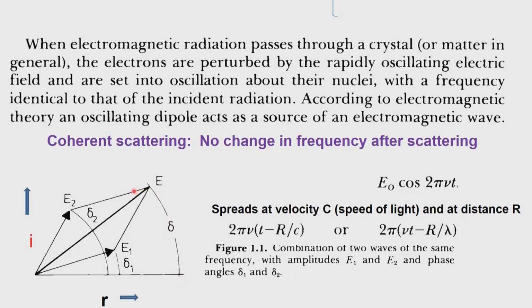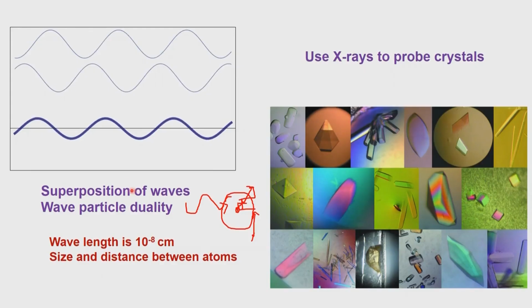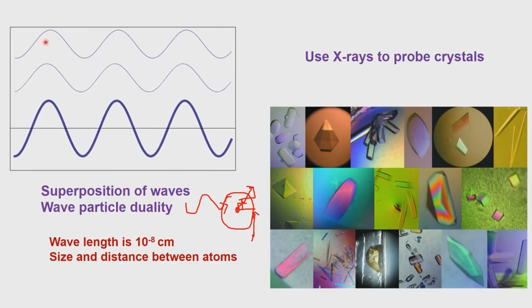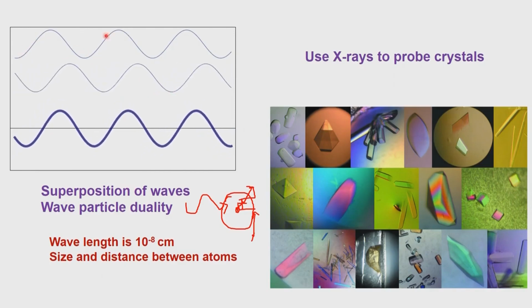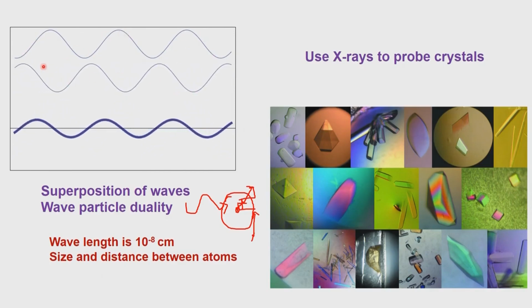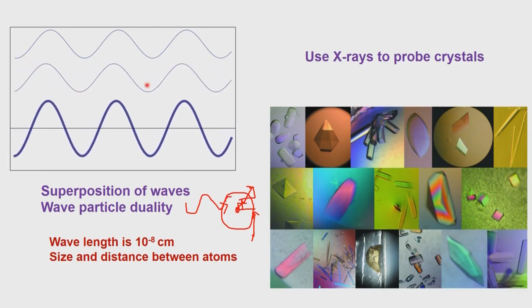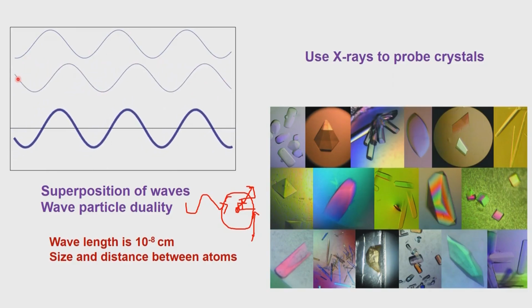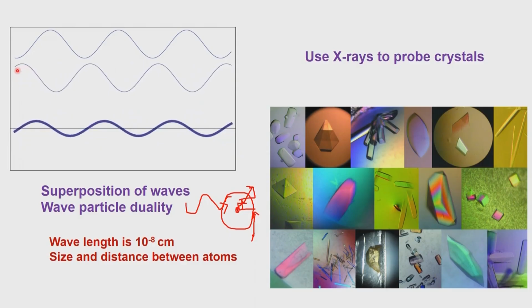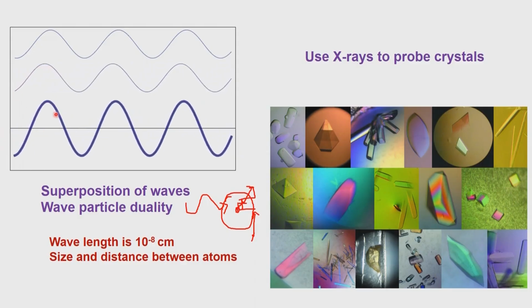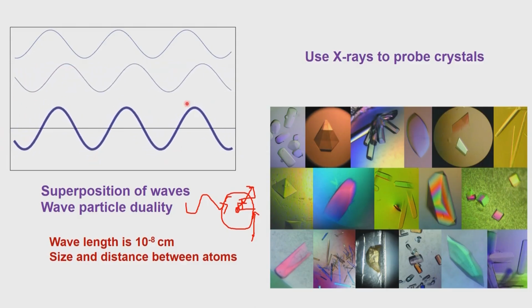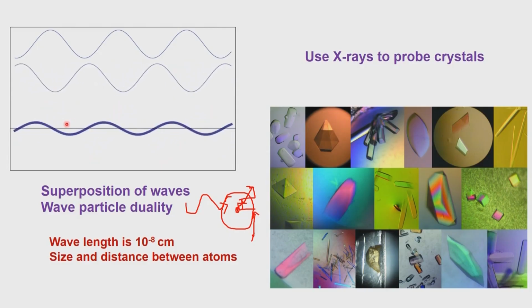This can in fact be illustrated with a diagram here. So, if we now say that this is E1 and this is E2, depending upon the phase associated with E2, this wave will develop either constructively or destructively, as it happens here.